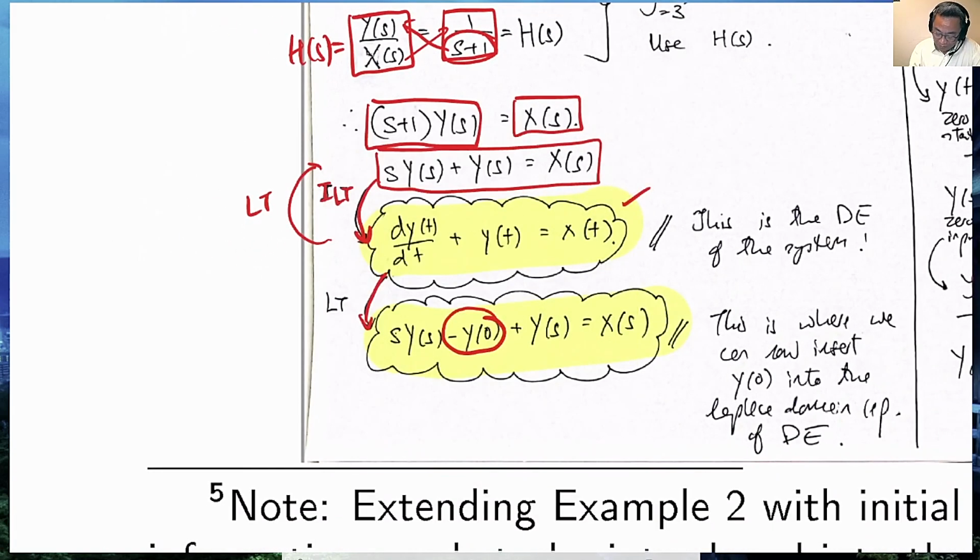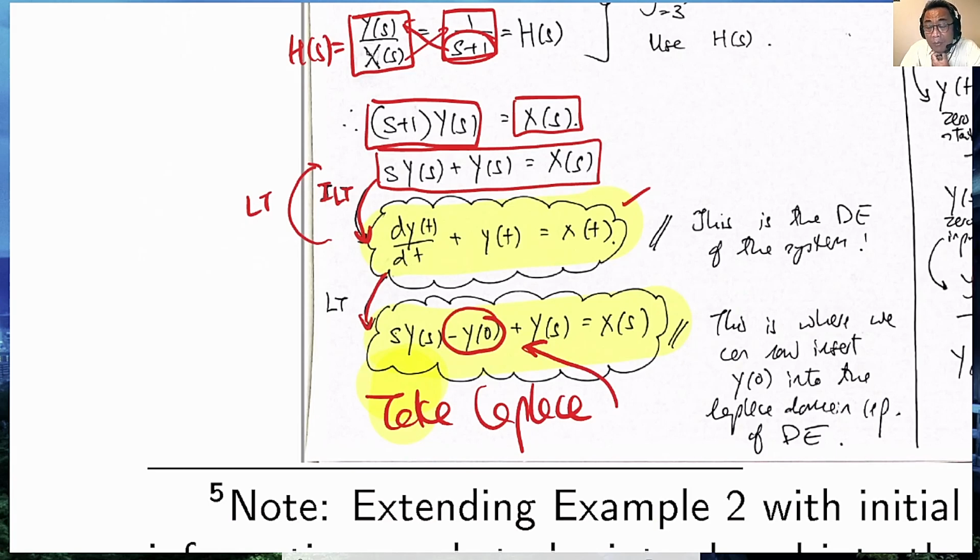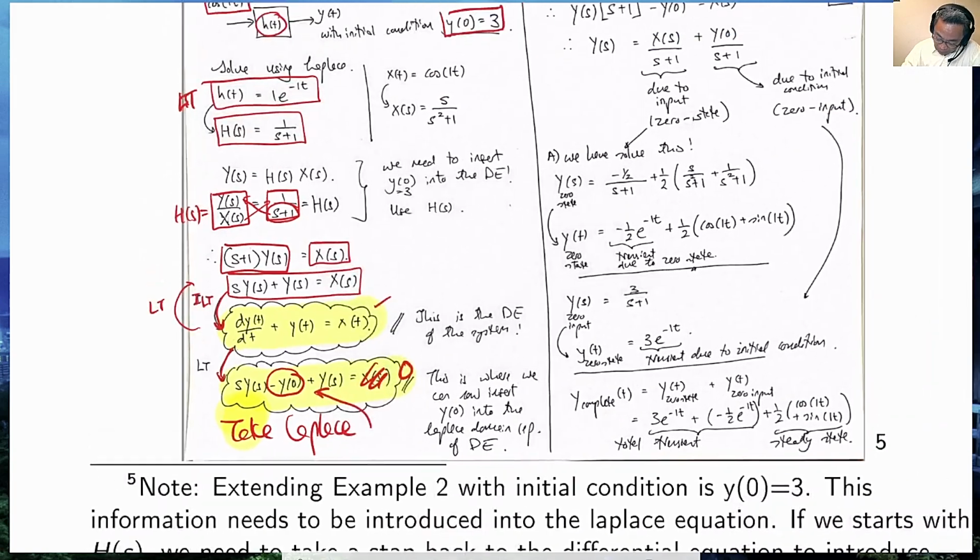Once we have this, we can now take the Laplace transform again. And once we take the Laplace transform, the initial condition is now inserted in. Now, remember, when we are playing with the initial condition, we are not playing with xs. So this is 0. Alright.